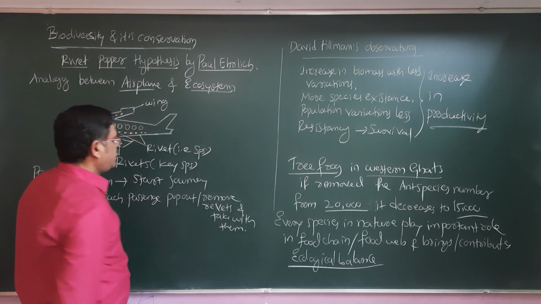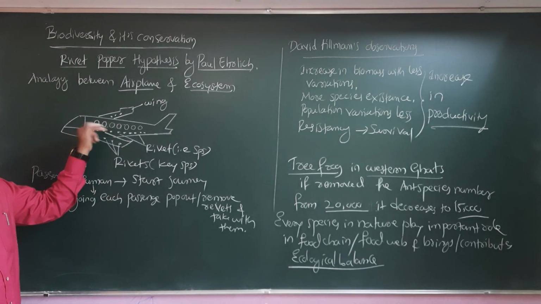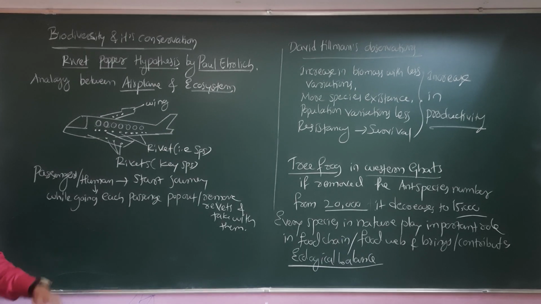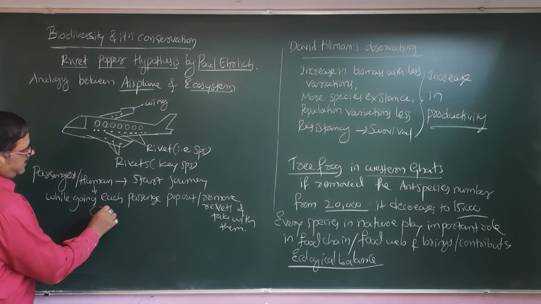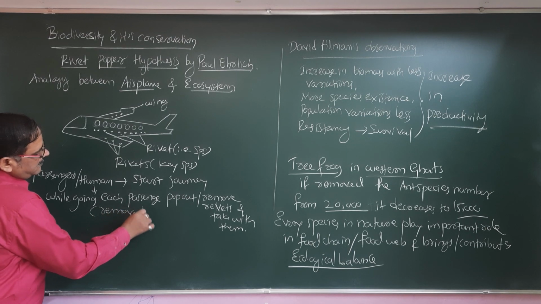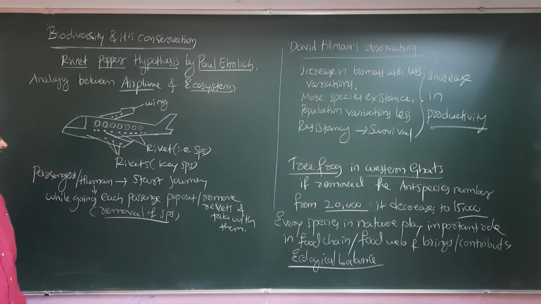That means in an ecosystem, we the humans living are removing the rivets, meaning we are removing the species. So it is an analogy of the removal of species. So then what happens?